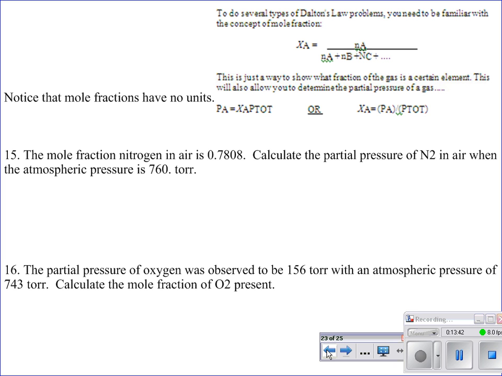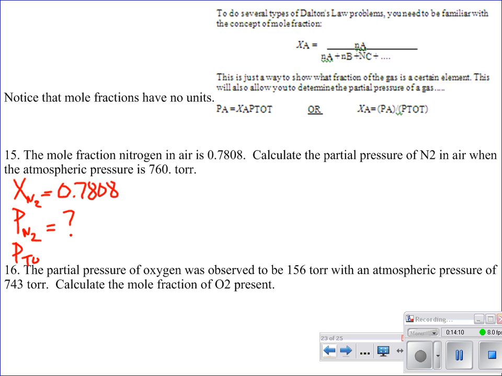These are the types of problems that you'll see this in. The mole fraction of nitrogen in air. So this is just the mole fraction of nitrogen is 0.7808. No units, right? Calculate the partial pressure of nitrogen. That's what we're looking for. When the atmospheric pressure is 760. What is that? P what?